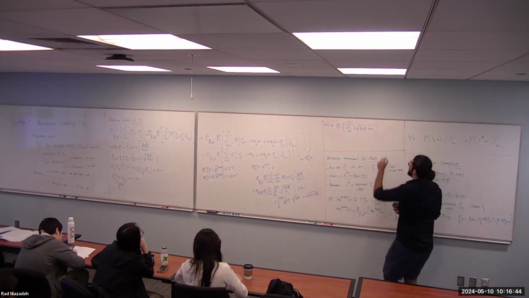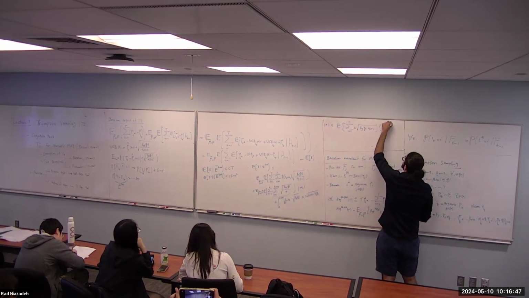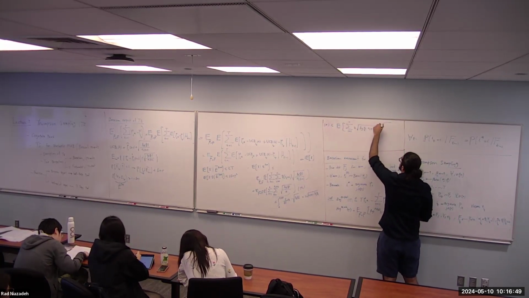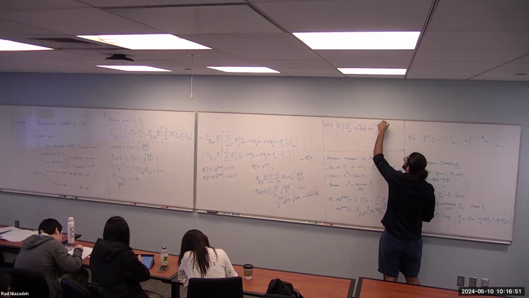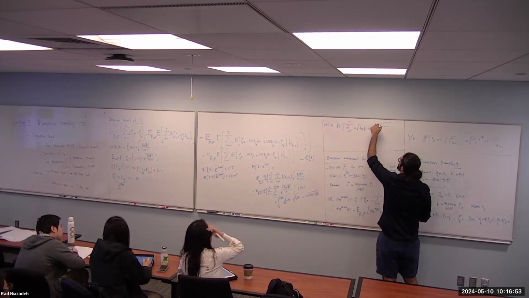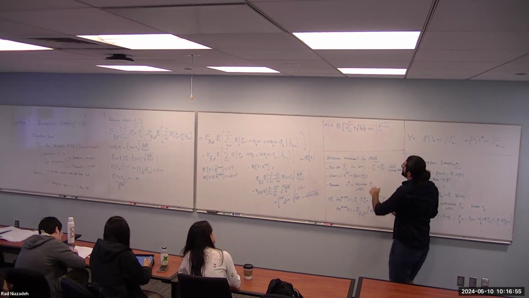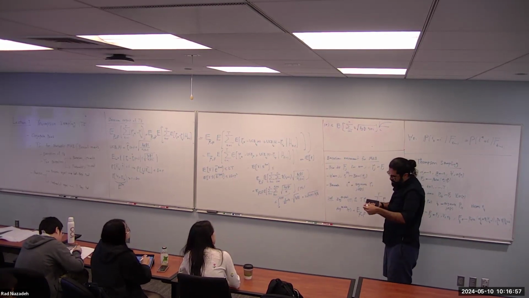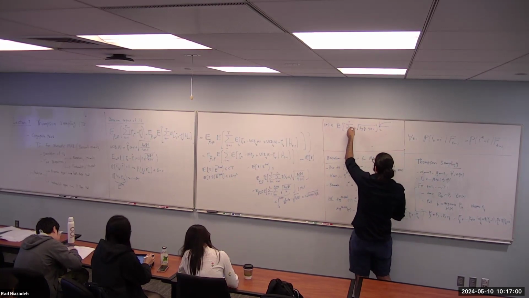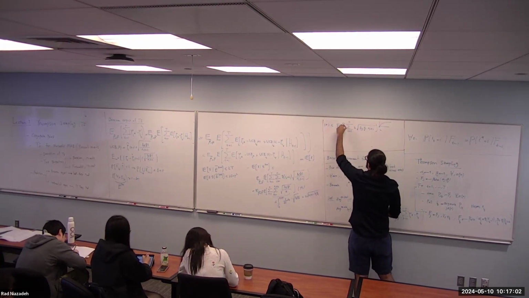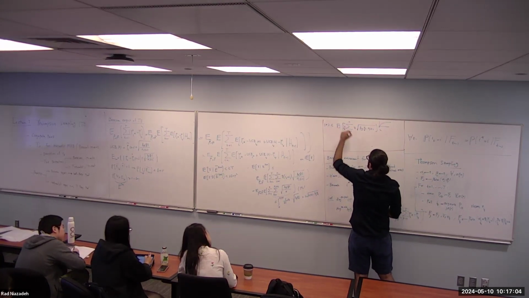And now square root is a concave function. So you're looking at the summation of a bunch of square roots of a bunch of things. So you can divide by 1 over n, multiply by n.